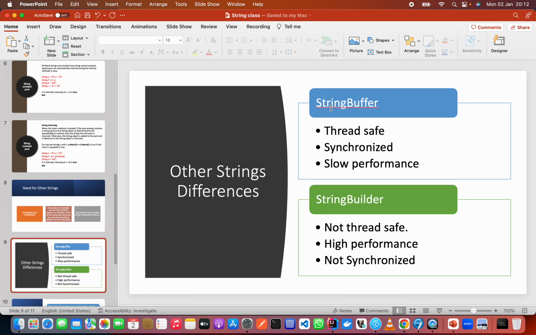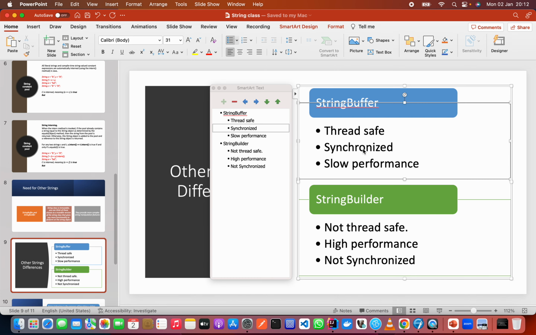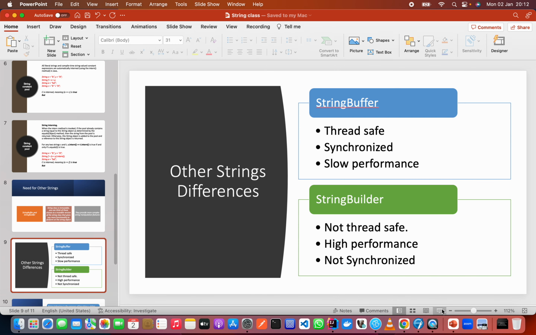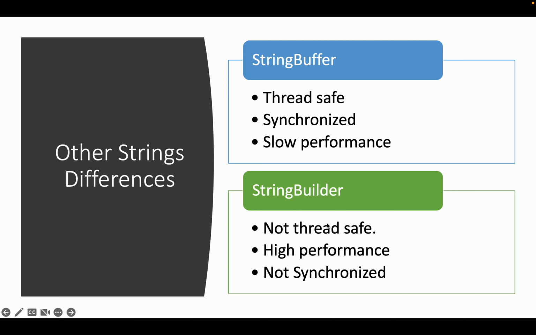With synchronization, obviously you have low performance because of the waiting period each thread has to wait. But with StringBuilder, you have high performance because they're not synchronized, but now you lose thread safety. So now you have to make a choice.